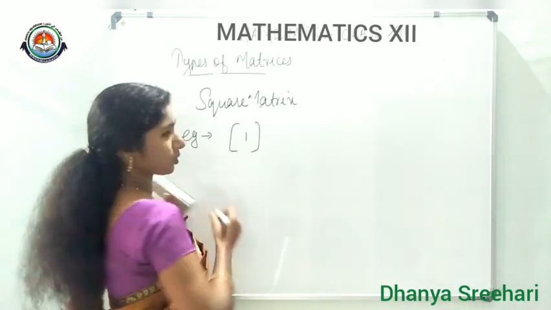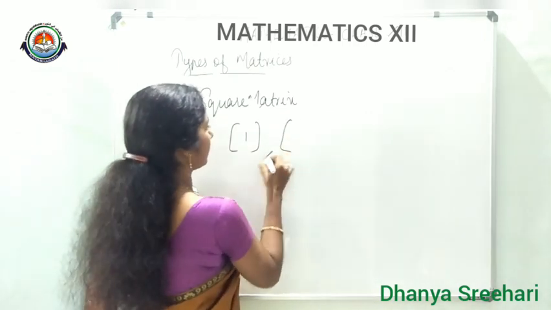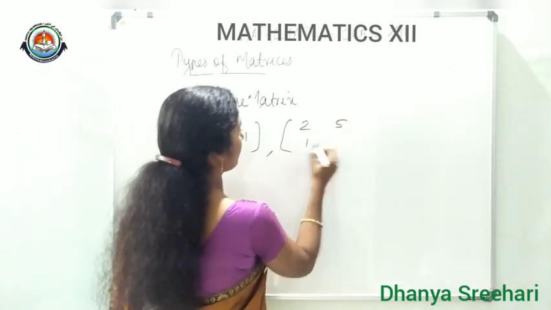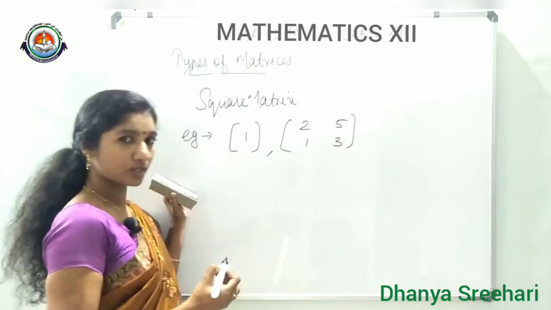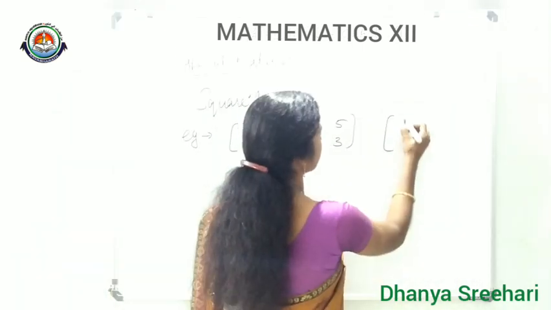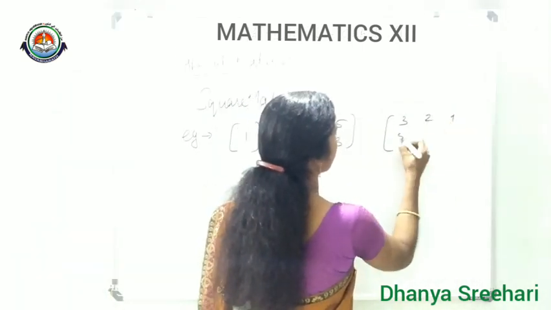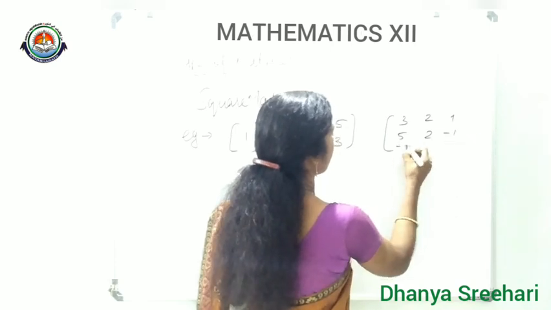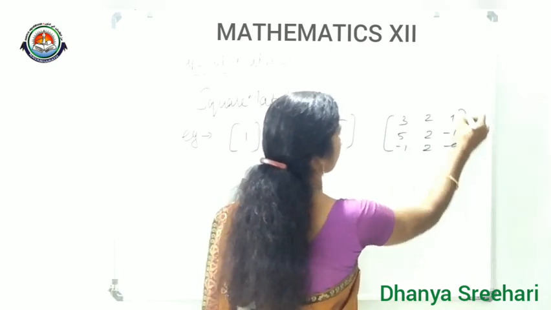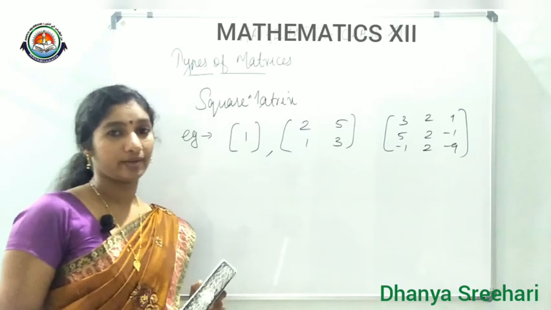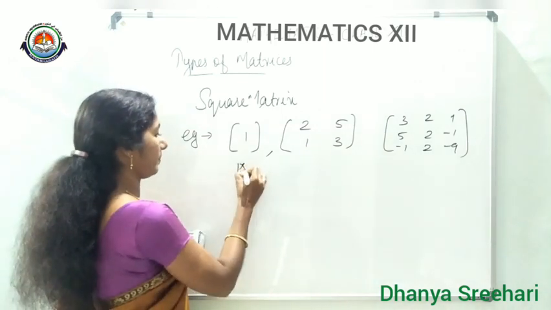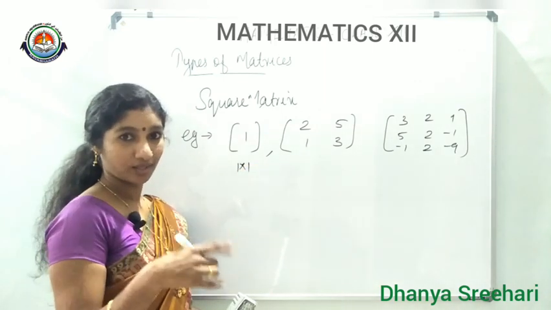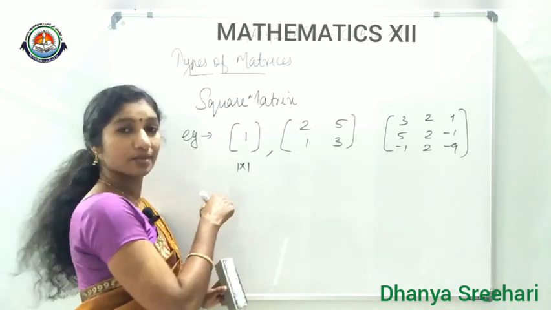1 is a square matrix. Another example, 2, 5, 1, 3 is a square matrix. And 3, 2, 1, 5, 2, minus 1, minus 1, 2, minus 9 is a square matrix. What is its order? 1 by 1. See, m and n are equal. The number of rows and number of columns are equal.